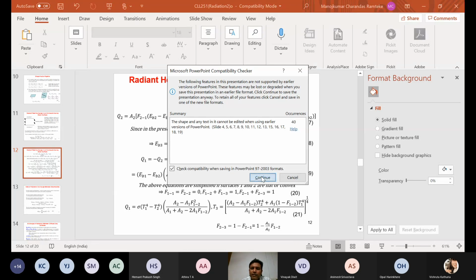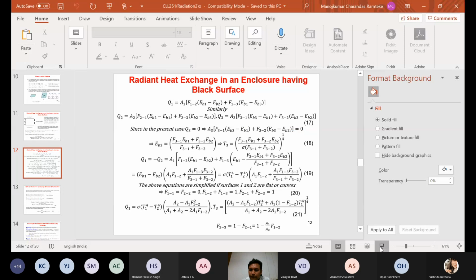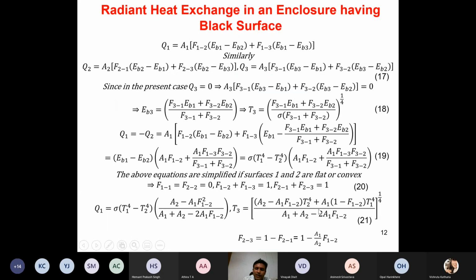Is it clear to everyone? If you put this in this equation 19, F23 can be... F32 is there, so F32 can be represented in terms of F23.